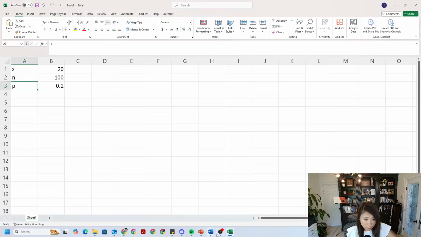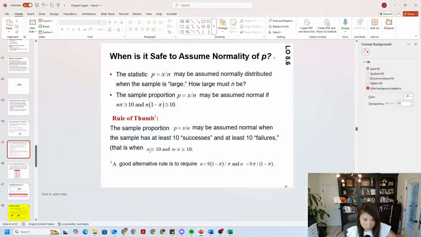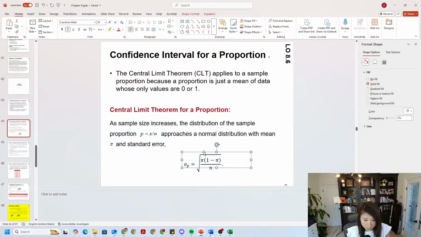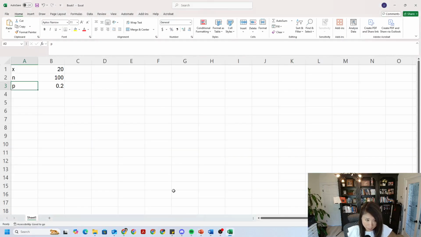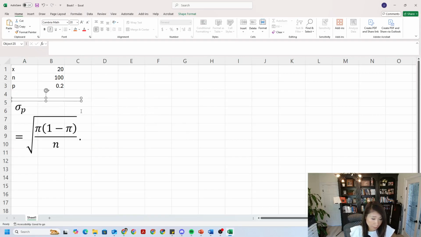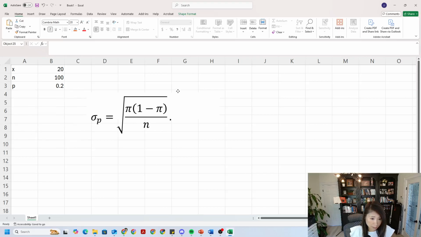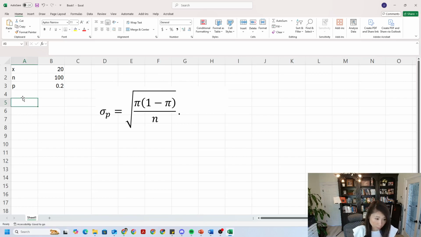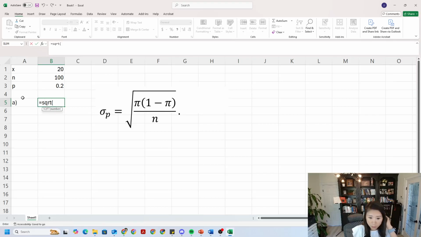Based on the formula, let me just copy that formula. This is my standard error, the one we're going to use. Following this formula, we just need to type equals. The square root is spelled SQRT, then parentheses. When you use Excel, the order of the calculation is important. The first is pi.